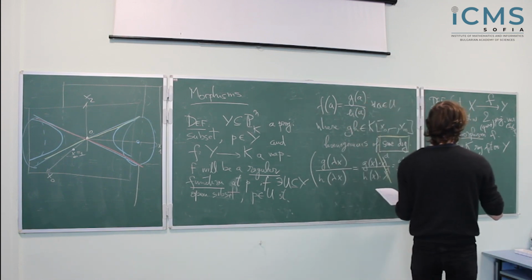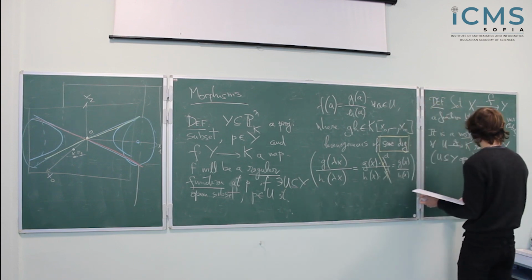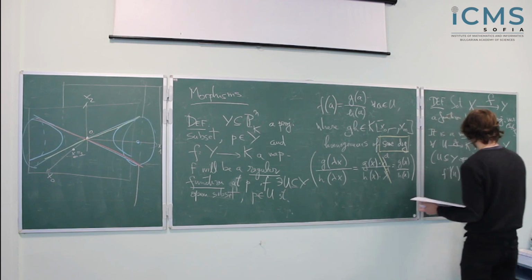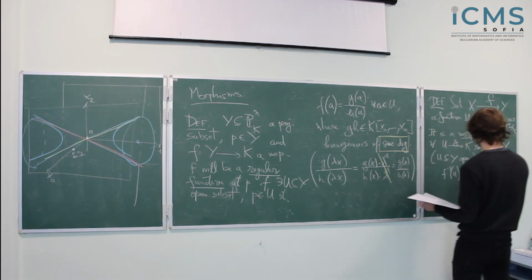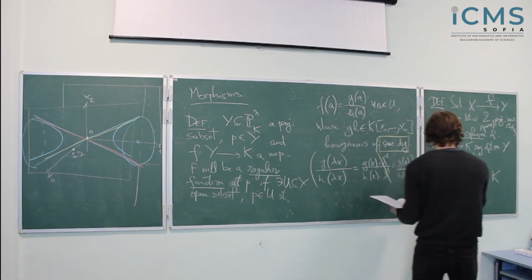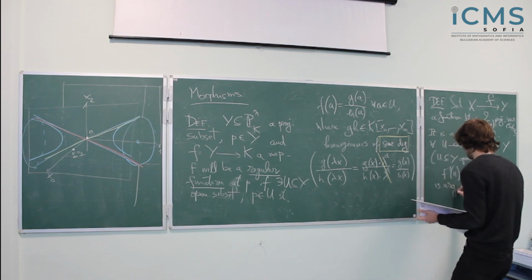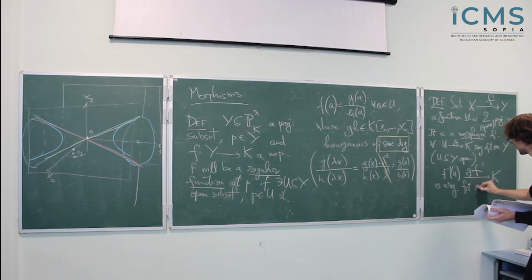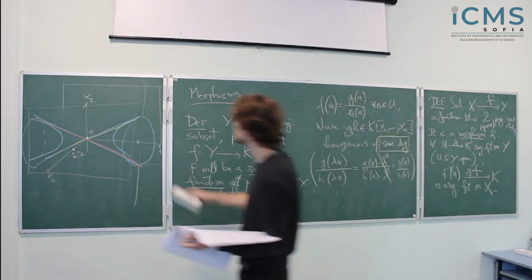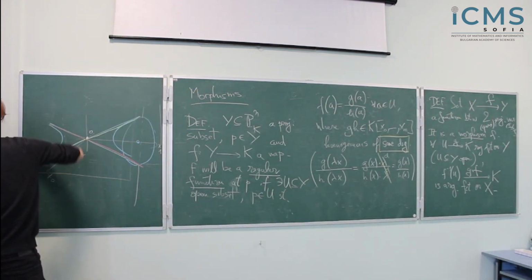If I pull it back by precomposing with f, g composed with f, like this, is a regular function on x. So if I have a regular function on y, I can compose it with f and obtain a regular function on x.